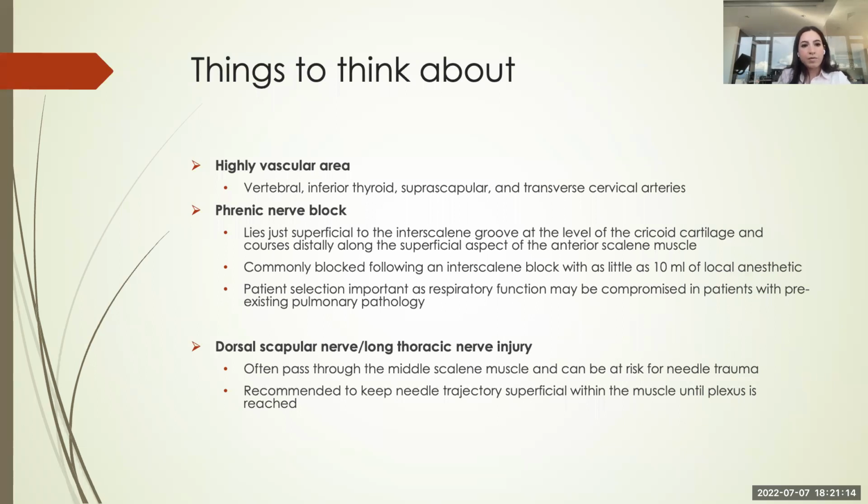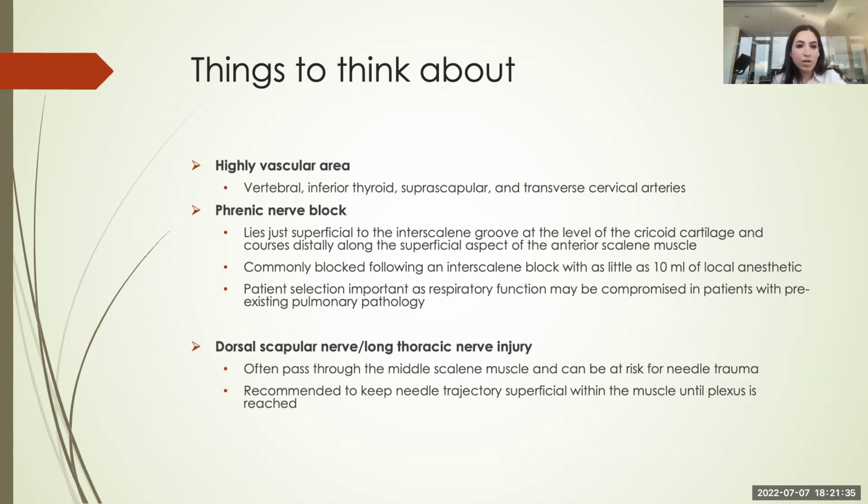A few things to think about with respect to the brachial plexus block. Like I mentioned earlier, it is a pretty highly vascular area, so making sure that we're aware of our vascular structures prior to needling and knowing exactly where they are in our needle trajectory is very important. We saw the vertebral artery in that one image, but there are other vessels along the way as well.